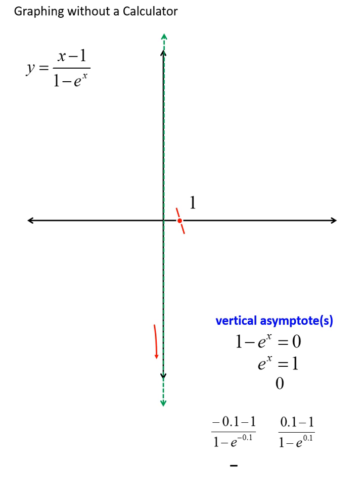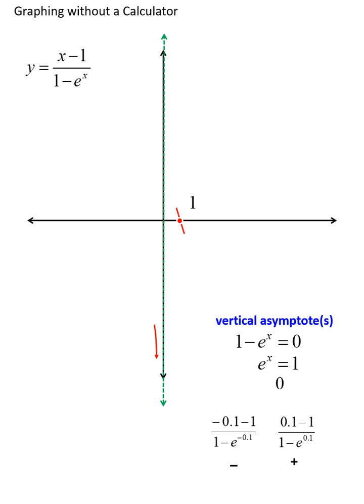Now, slightly to the right of 0. The top is still a negative number, but the bottom turns out to be a negative number as well. So what I have here is a negative divided by a negative, which is a positive. Why is the denominator negative? Follow this logic. E to the 0 is 1.